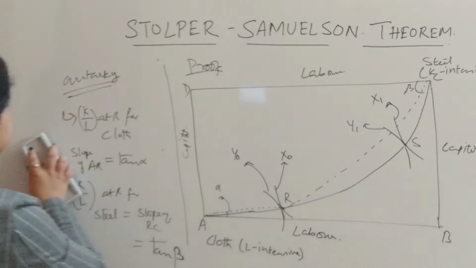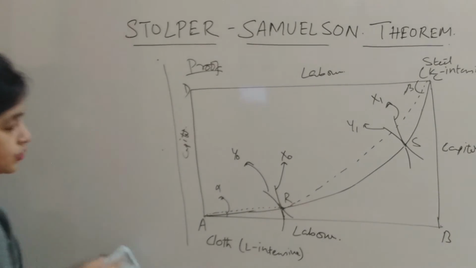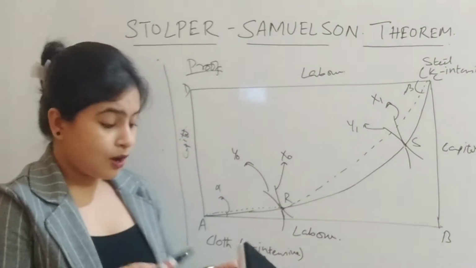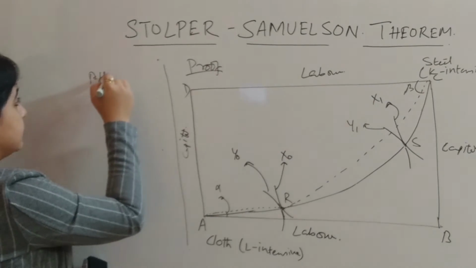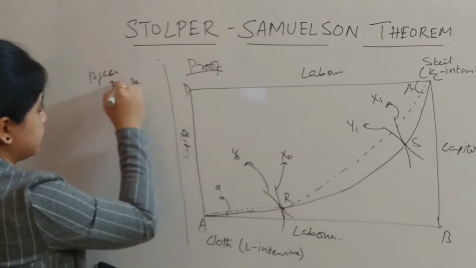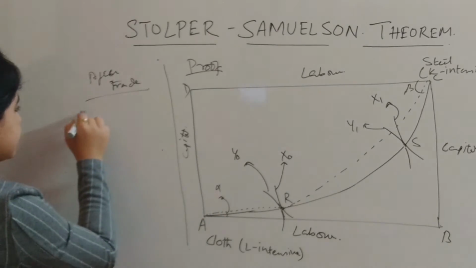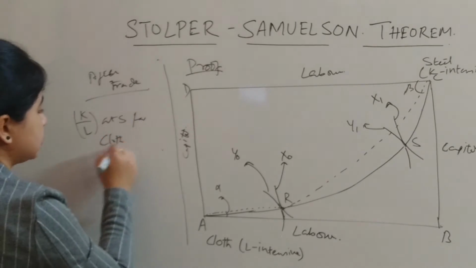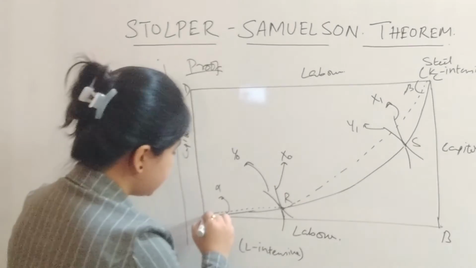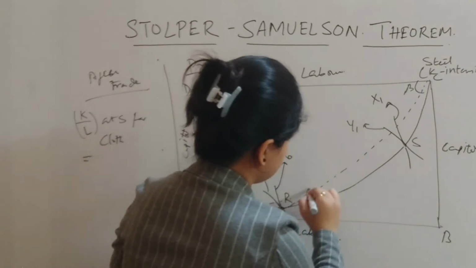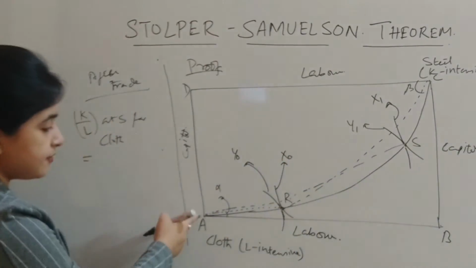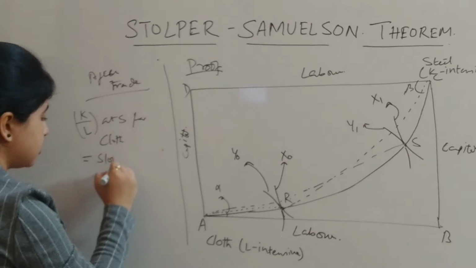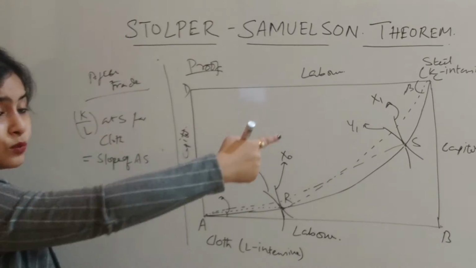Now, what is happening at point S? Let's find the capital labor ratio there also, then only we will be able to compare. So after trade, at point S, the capital labor ratio at S for cloth will be the ray from the origin to the point S. So the slope of AS will be given by that.